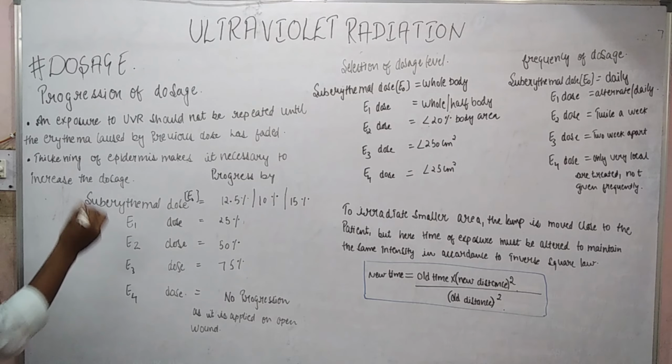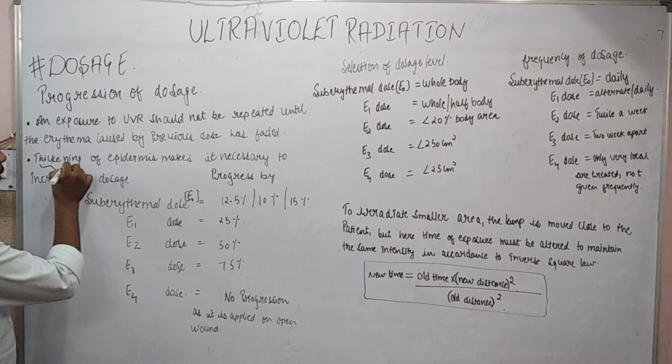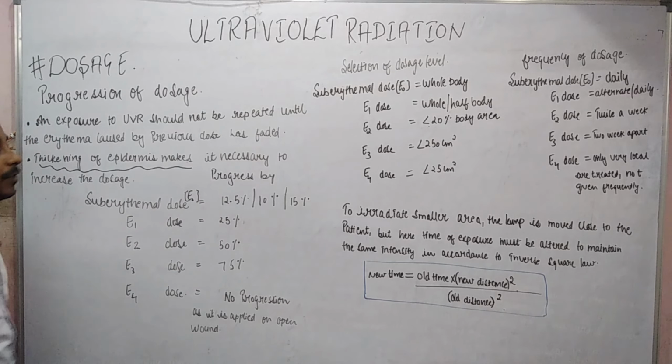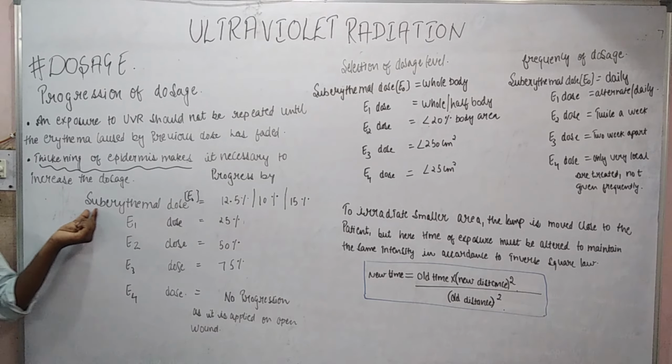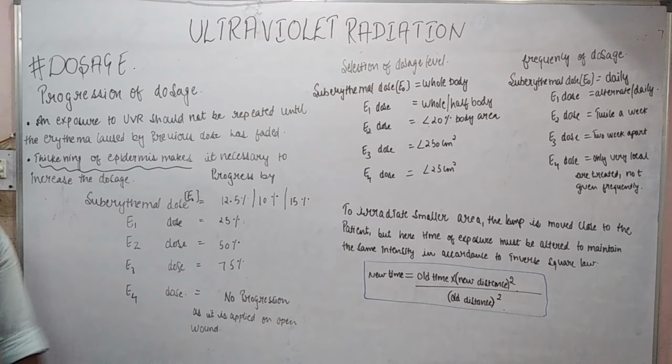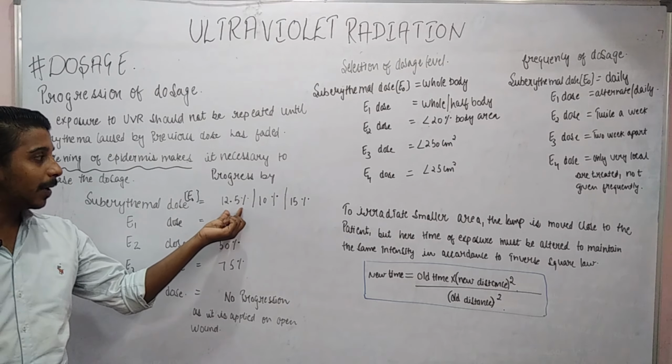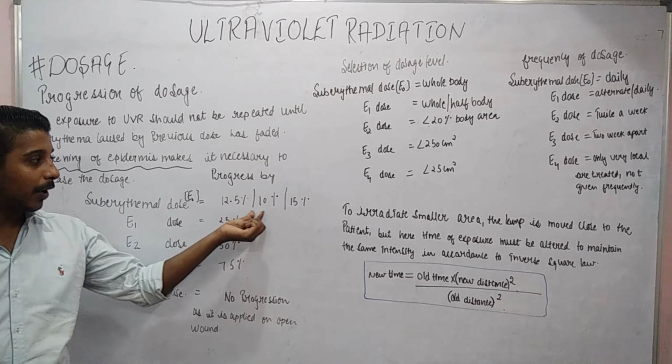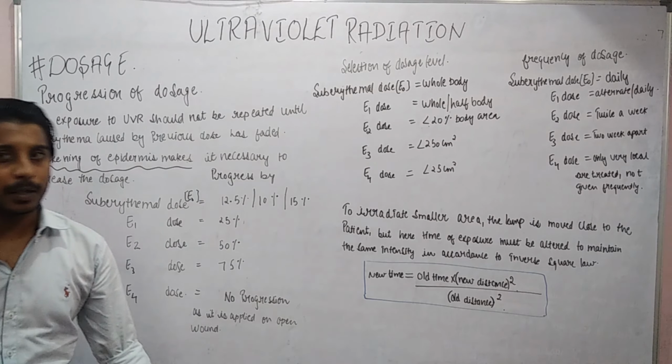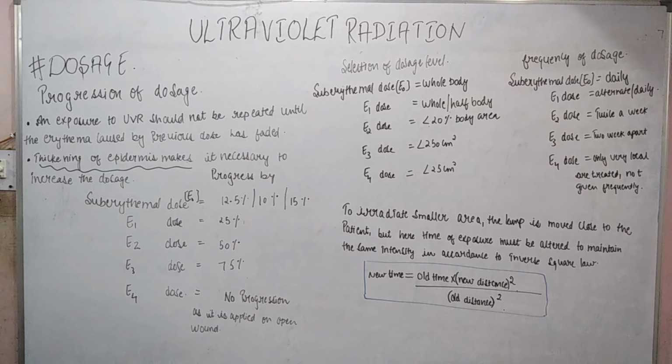If anybody asks you what is the cause of progression in UV radiation, it is the thickening of the epidermis, which makes it necessary to increase the dosage. For the suberythemal dosage, which is our E0 dose, we can increase by 12.5%, 10% or 15%. Any of the values can be used.